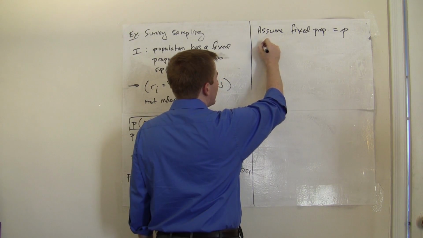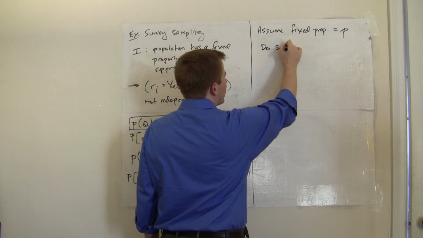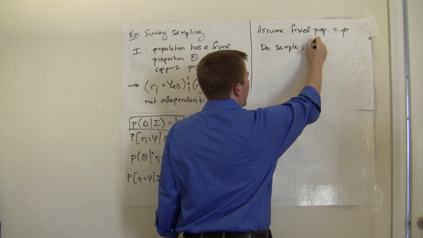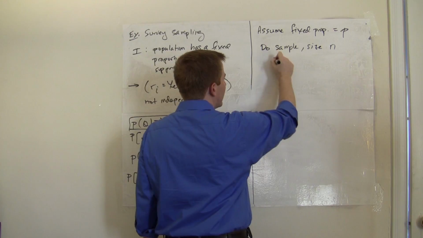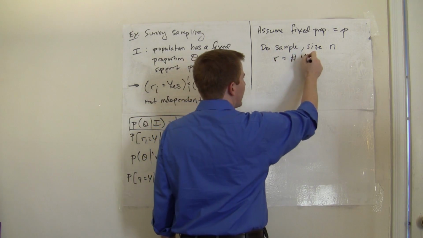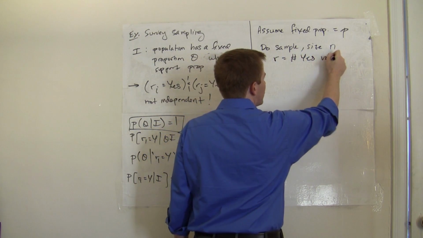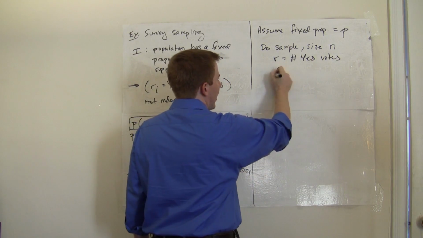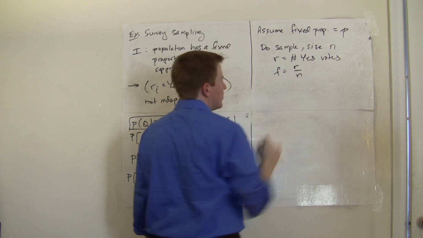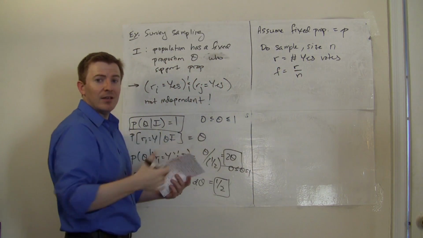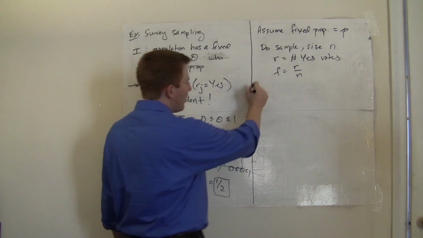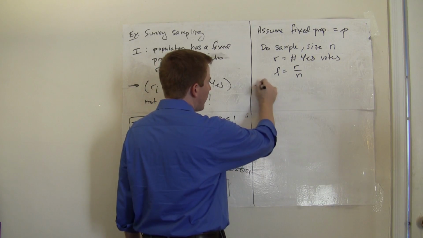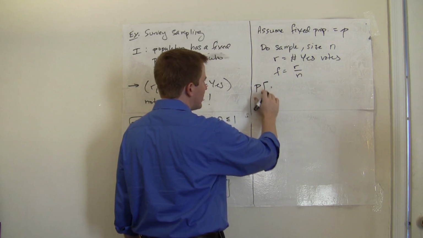Okay, so let's say we do the sample of n people, and we define r as the number of yes votes or yes answers that we get, and f is going to be the ratio of the two, so that's our kind of frequency that we expect that we might observe. Okay, so we might ask the question, what probability would we associate to that frequency?